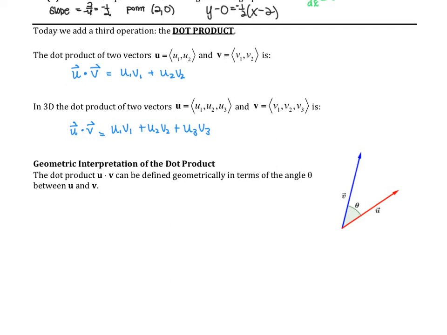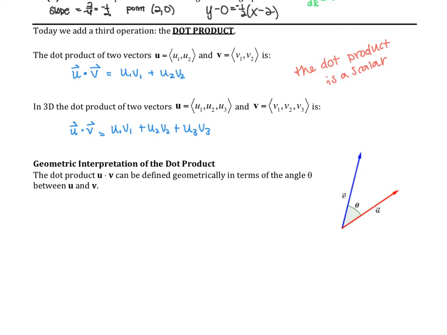The key is that I'm multiplying two components together and then adding them to the other components multiplied together. So we know that the dot product is a scalar quantity. It is not a vector.